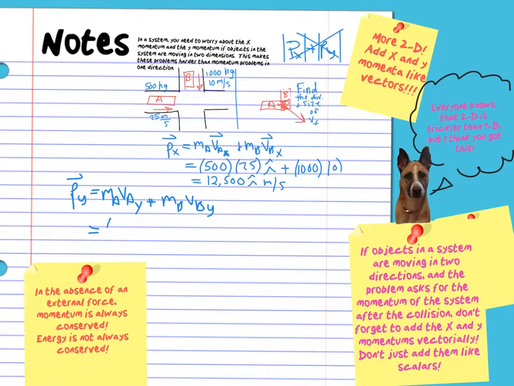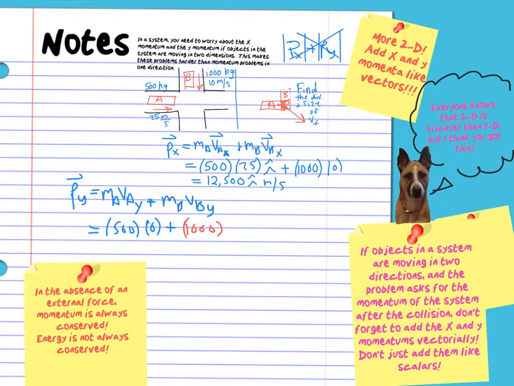A is still 500, but A is going in the x direction, so how fast is it going in the y direction? It is not, so that's 0. Plus, we have the mass of B, which is 1,000.